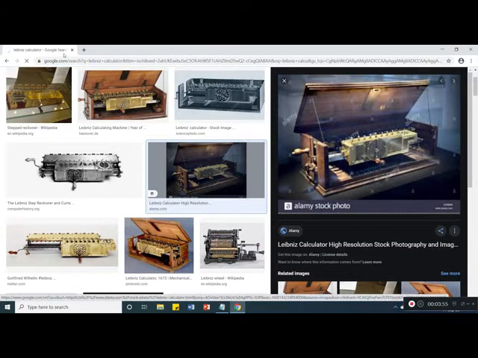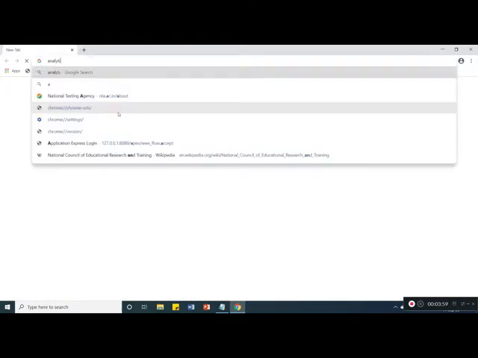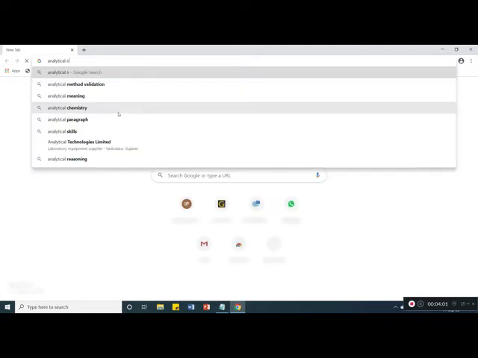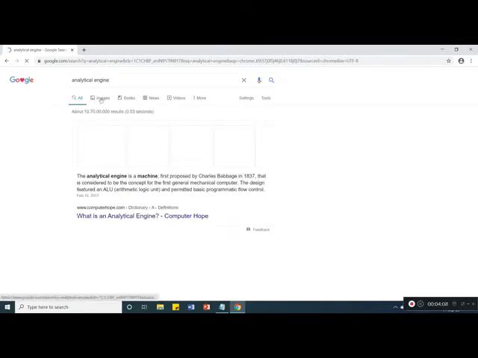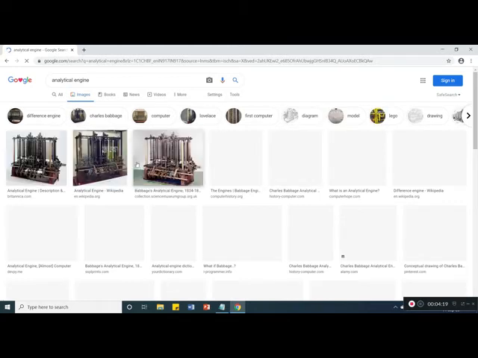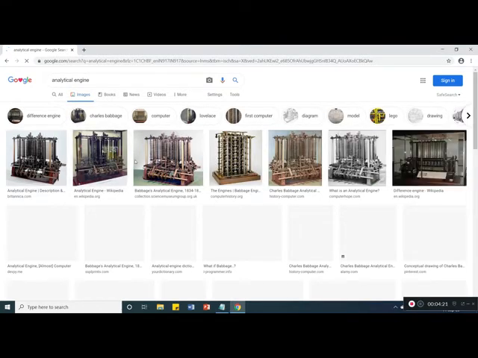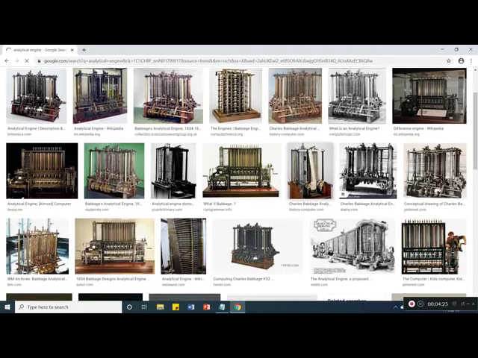Next one is the analytical engine. See, it looks like this. This is used for calculating any numbers.